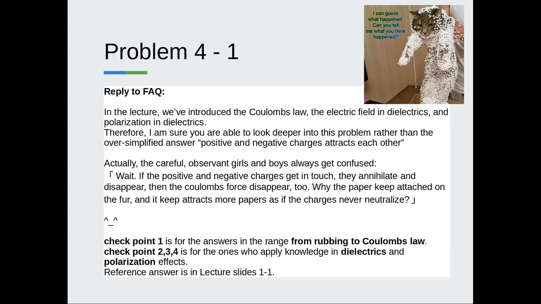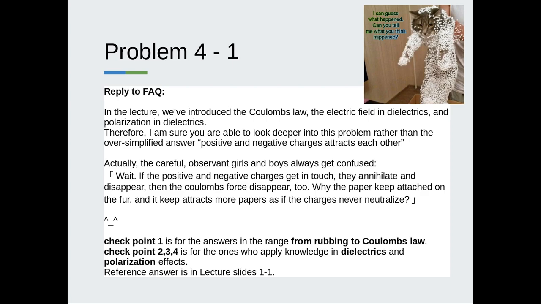Okay? So checkpoint 1 is for the answers in the range from rubbing and how the charge is generated to Coulomb's law. If you just answer until Coulomb's law, then you have check number 1.